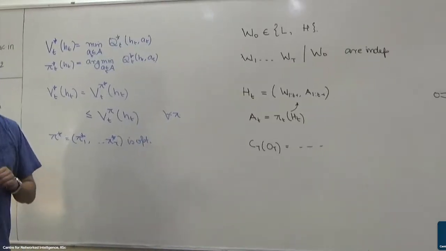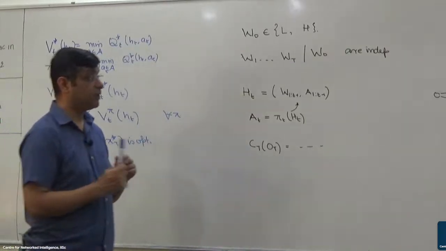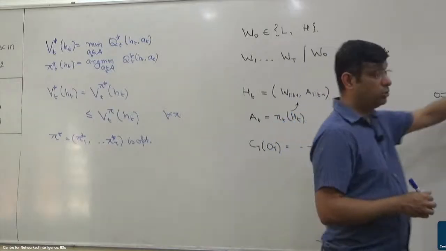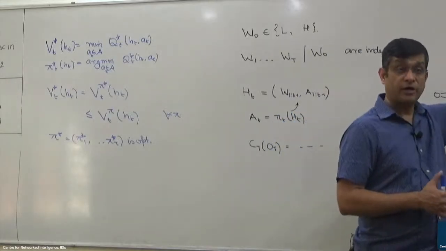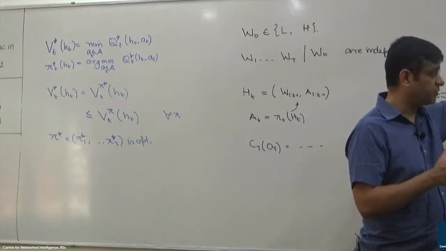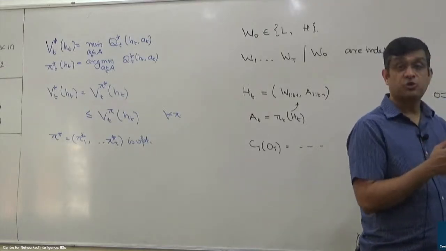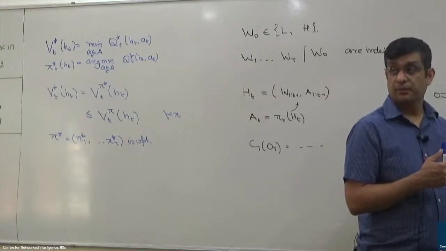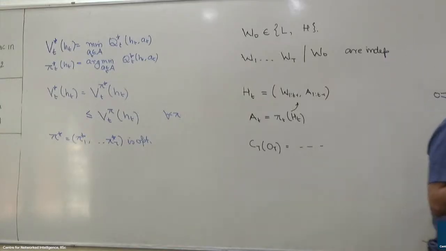So if I have perfect recall, in the most general setting, partial observability or full observability is conceptually not any different. The difficulty is in partial observability: computing these requires more effort. Computationally, I may have to do a lot more in computing the conditional beliefs here.